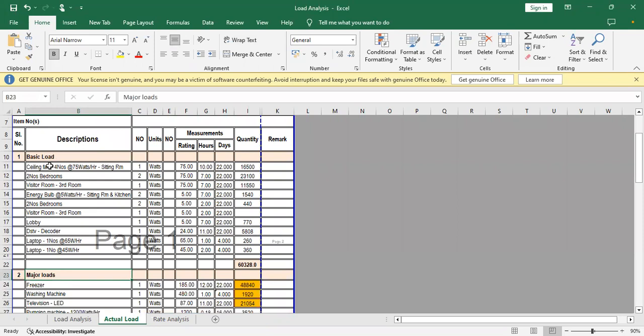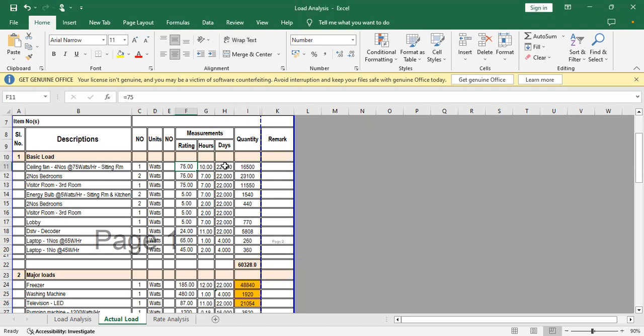So if you take, for example, ceiling fan, you say we have 4 numbers of them, but all the 4 numbers may not be on at the same time. But for sitting room, let's say it's going to be on for 10 hours. The wattage is 75.